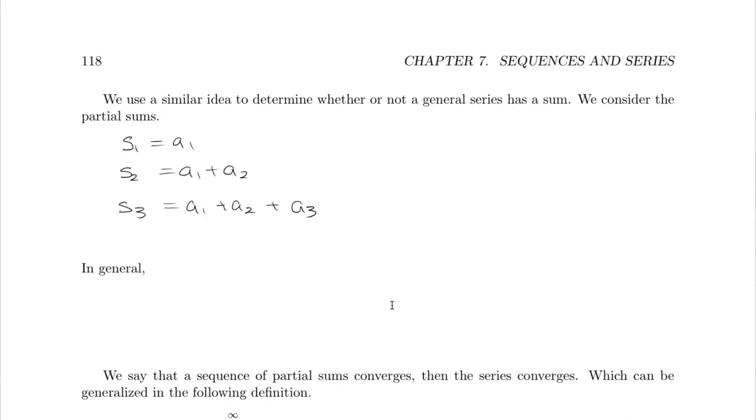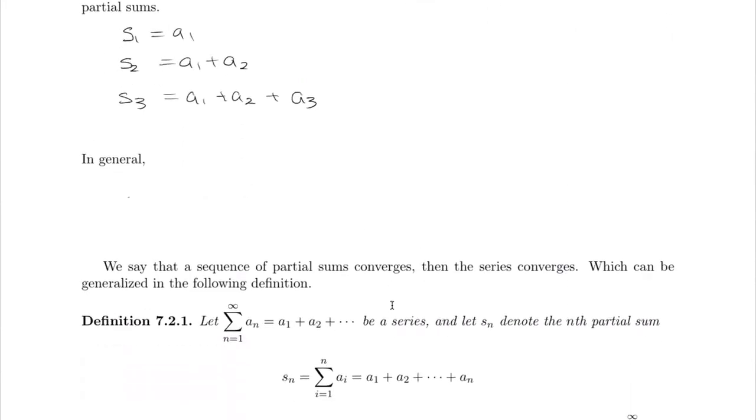Or, in general, we could have Sn to be a1 plus a2 plus a3 plus so on, plus an. This is equal to the sum from i equals 1 to n of ai.